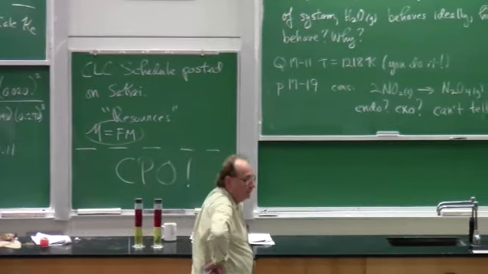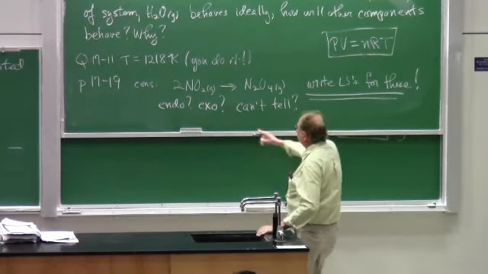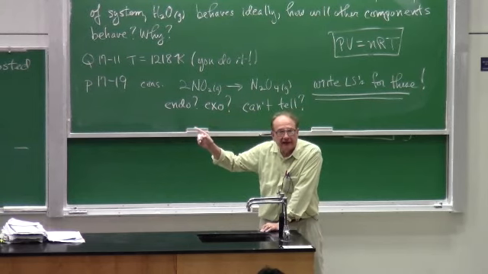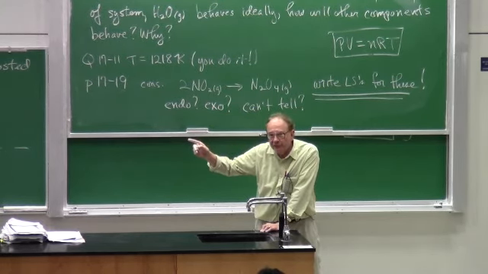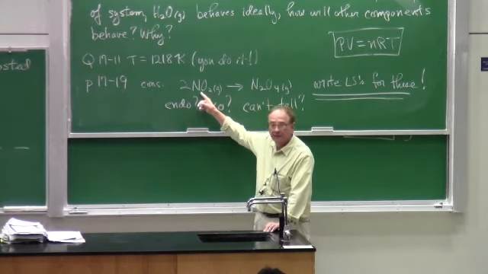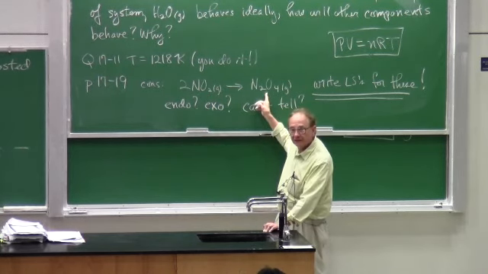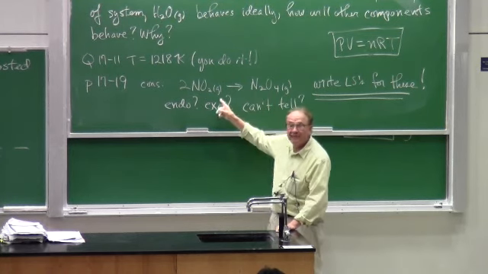This reaction read left to right, as I've written it, is called a dimerization reaction. You've heard that term? Dimerization. It means that if this goes left to right, how many of these molecules get together to make one of these? Two. So they dimerize.